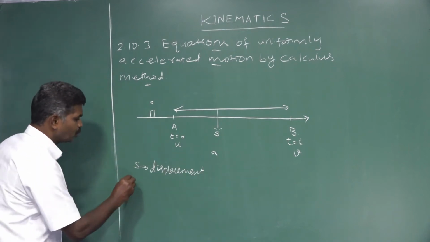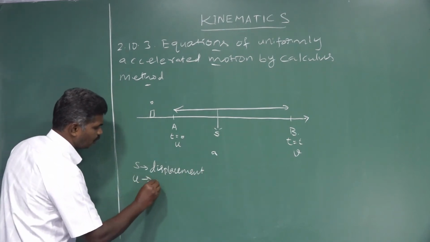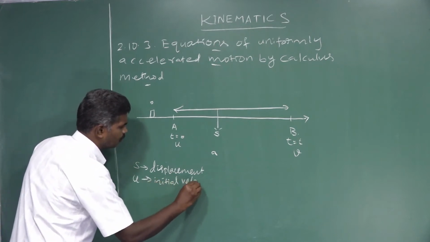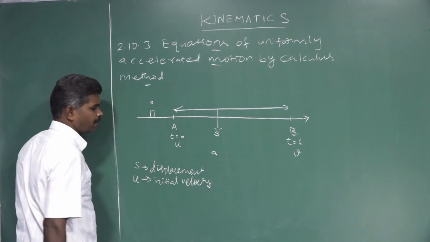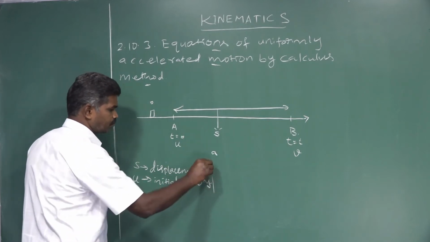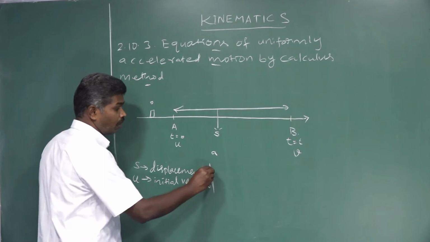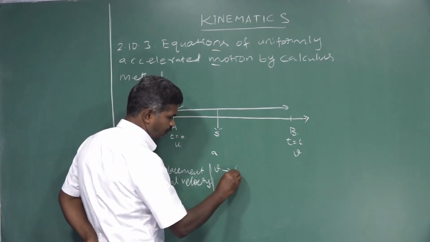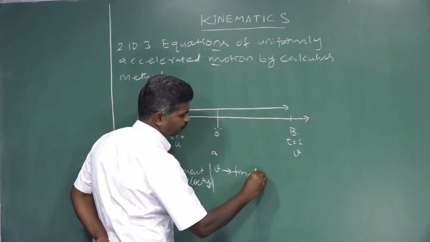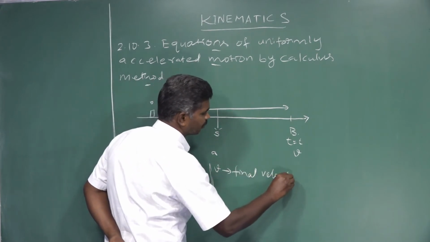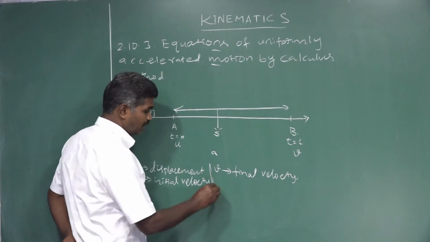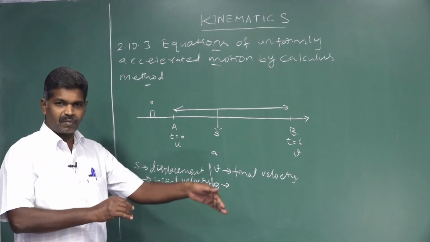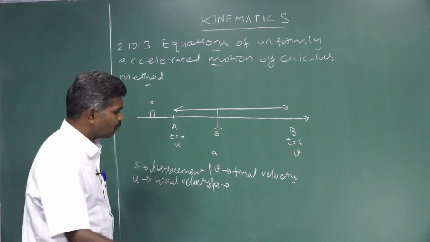Next, u is the initial velocity. And next, small v refers to the final velocity. Final velocity. And here a is acceleration. But what type of acceleration are we going to use? Constant acceleration.